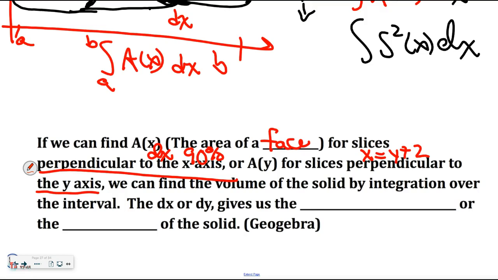The dx or the dy gives us the depth. Length times width times height, pi r squared h from geometry, they all have a depth in their formulas, right? So the dx or dy gives us the depth, or what we call the third dimension. The area of a face gives us two dimensions. Dx gives us the third.